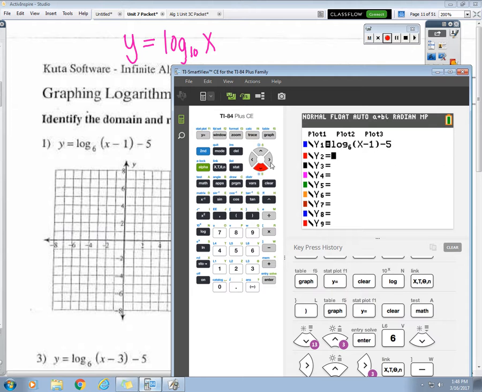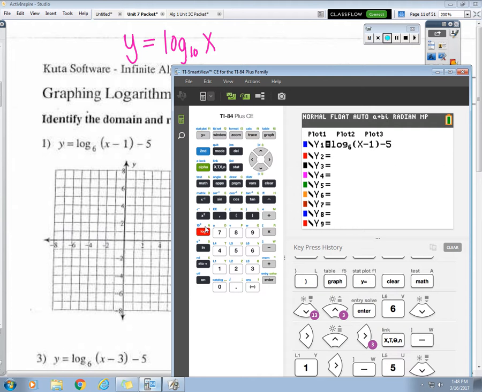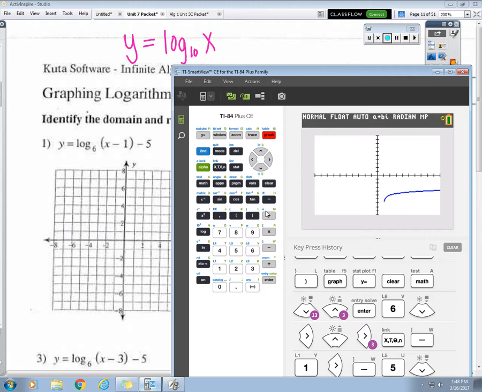Now, just for a second, in red, I'm going to type back in the parent function for a log so that we can compare. Remember, blue is the function we're working with, red is the parent function. Look, here's where the parent function started, here's where ours starts. So what kind of transformations occurred? It definitely went down. How many notches? 5.